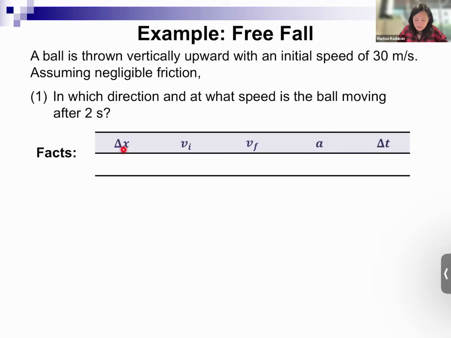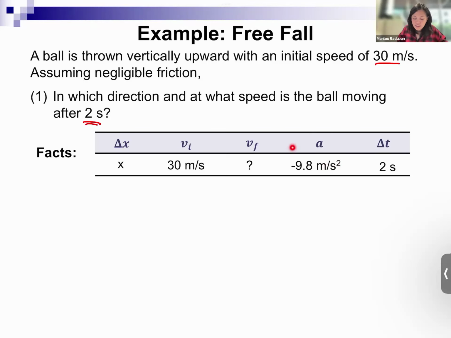In kinematic equations, it's useful to write down the 5 kinematic variables, and write down which values you know, which values you don't know, and which one you're looking for. So initial velocity is given. Final velocity, you don't know, because at 2 seconds, the ball hasn't reached the top.